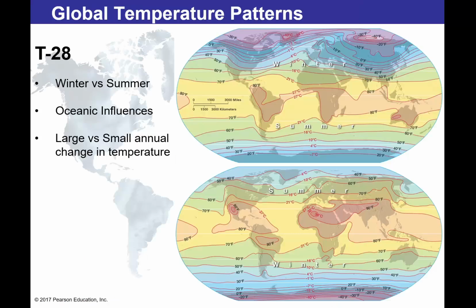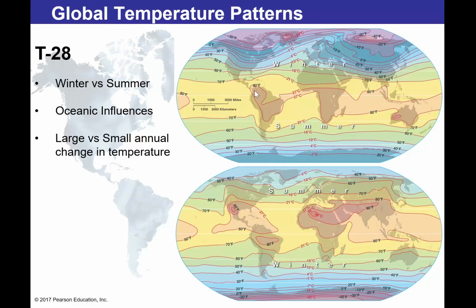And you have been asked also to take a look, and this is in the back of your lab manual, in the appendix, appendix image T28. So again, pay attention to and look at this when you are trying to understand the weather patterns that exist across the globe. Keep in mind the winter versus summer influences, again, the influences of ocean.